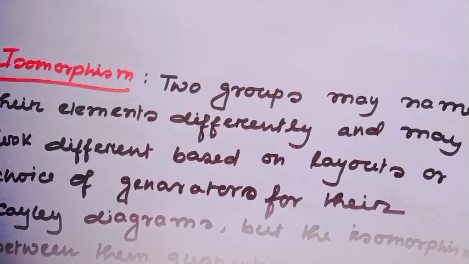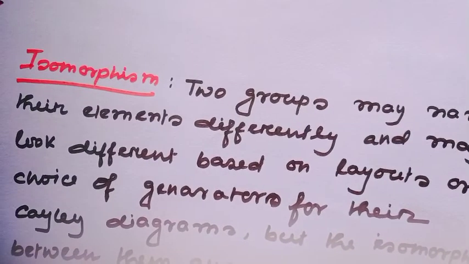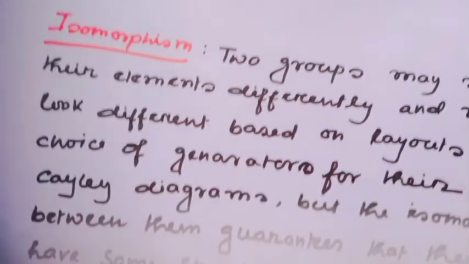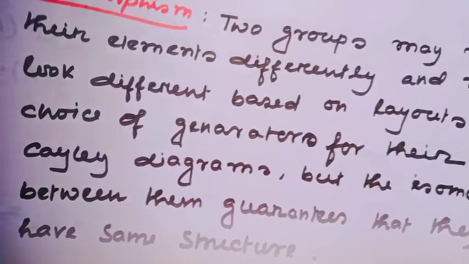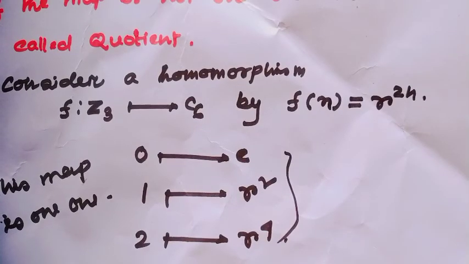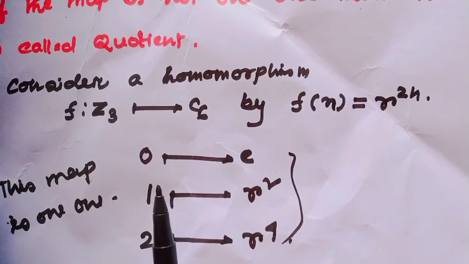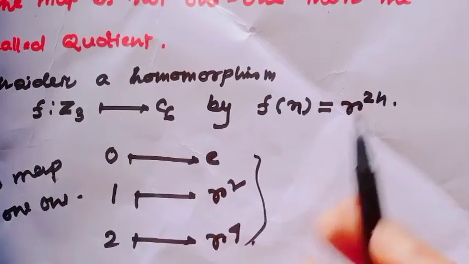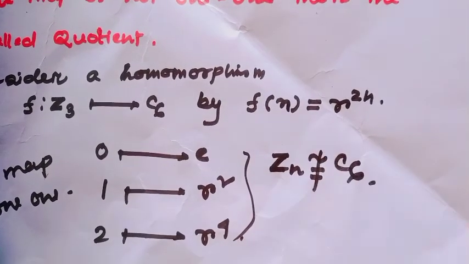In an isomorphism, two groups may name their elements differently and may look different based on layouts or choice of generator for their Cayley diagram, but the isomorphism between them guarantees that they have the same structure. Say this map. This map is 1-1 but not onto. That means f of Z3 is not equal to the whole C6 group. So this map is not an isomorphism.